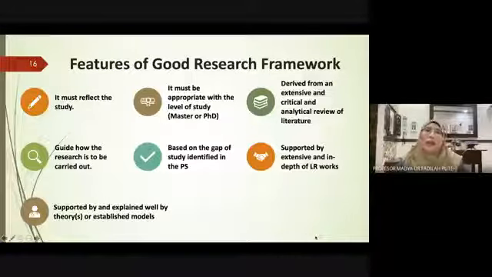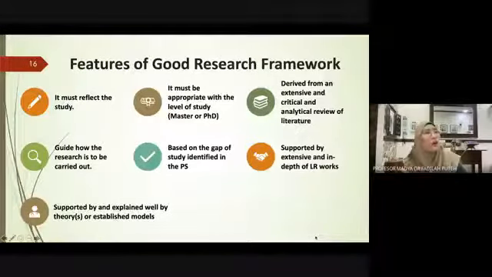And then the next one is that it is based on the gap of study identified in the problem statement. You have to understand that your research framework is the reflection of your problem statement. The problems that you have highlighted should somehow be reflected in your research framework.